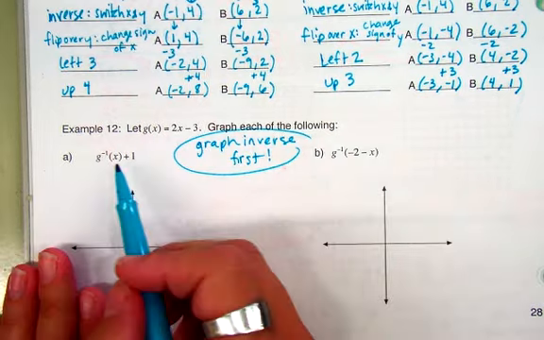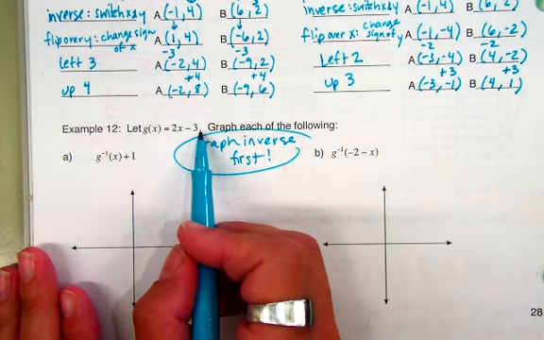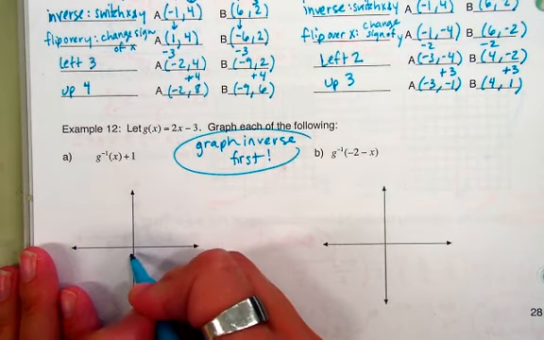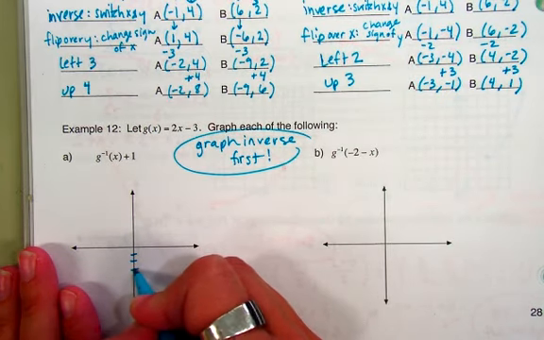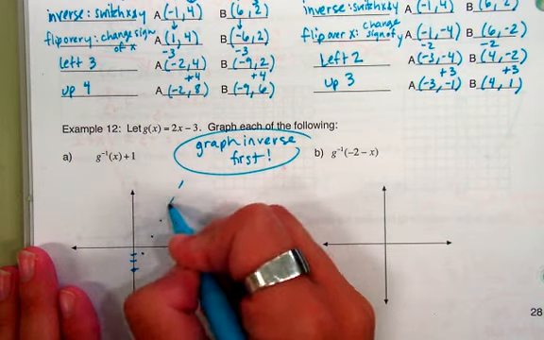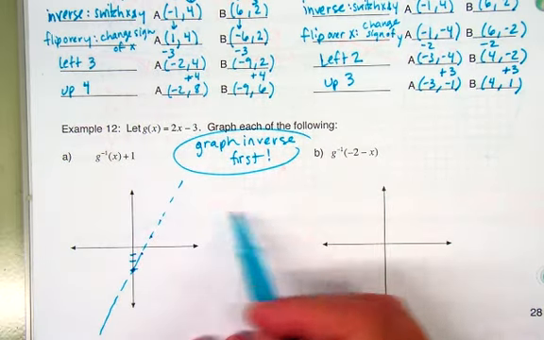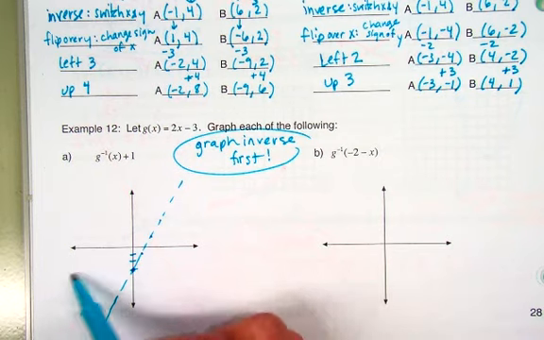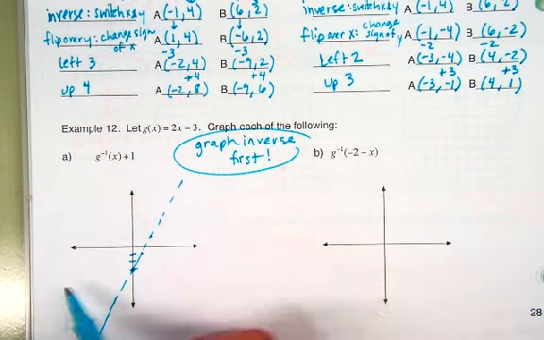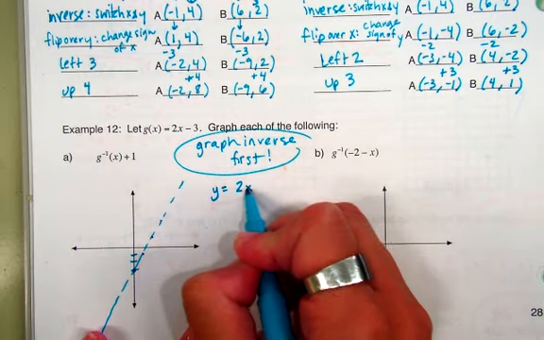So in this case, the original graph was 2x minus 3. So I can graph that one if I want. This is negative 3 up to, this is my parent function. Now for me, it's a lot easier to actually find the inverse by hand. You could try and start flipping all these points and graph it here, but it won't be as accurate, my guess is. So let's actually find the inverse first.